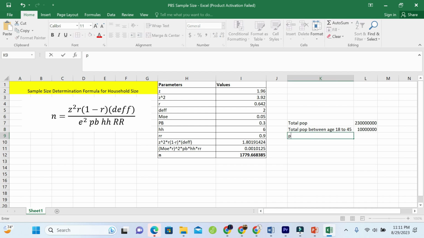So PB will be calculated like this. PB is equal to this target population divided by total population. So it is around 0.4.